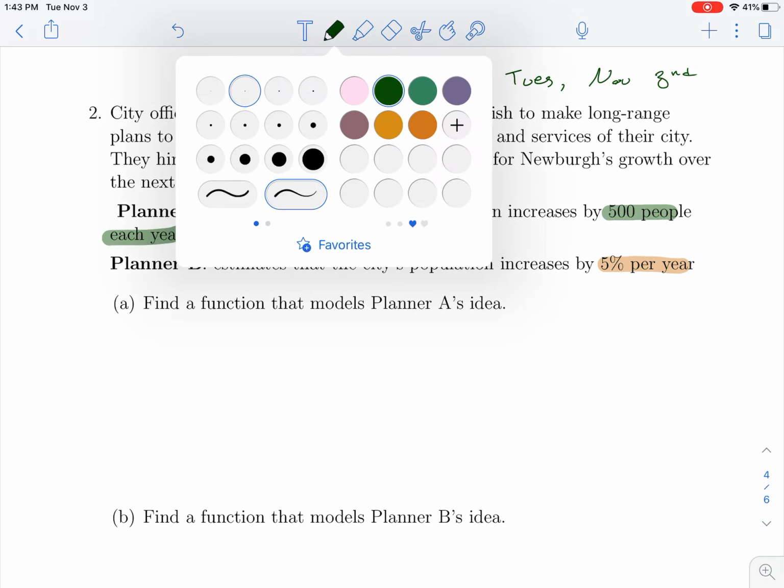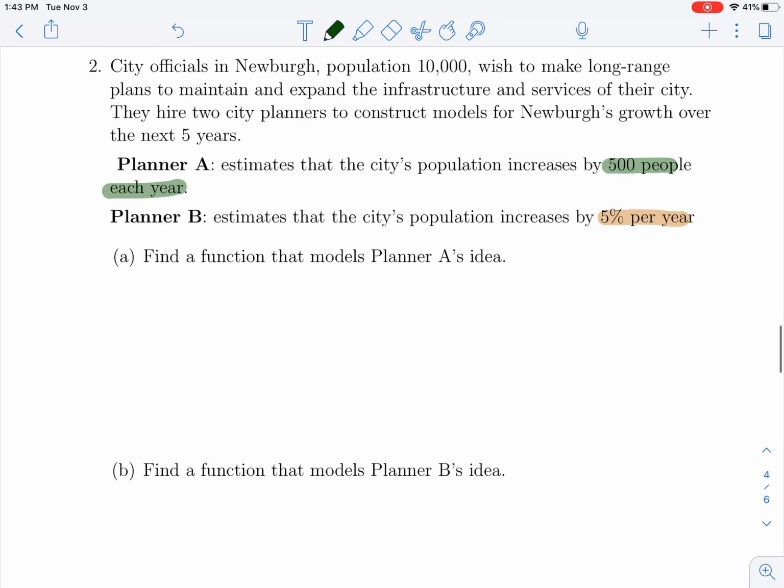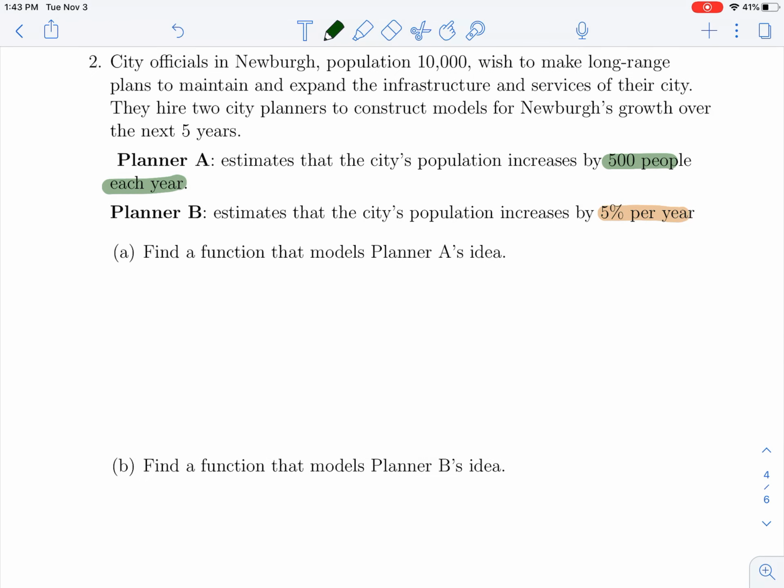So if we were in class, I would ask you guys, which type of models should we use for A and B? Since we're only increasing by 500 people, a specific unit, that's a constant average rate of change. So this is going to be a linear model.